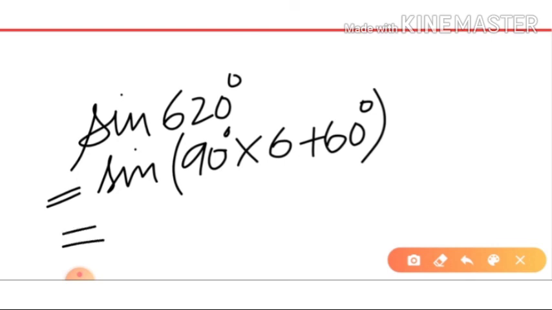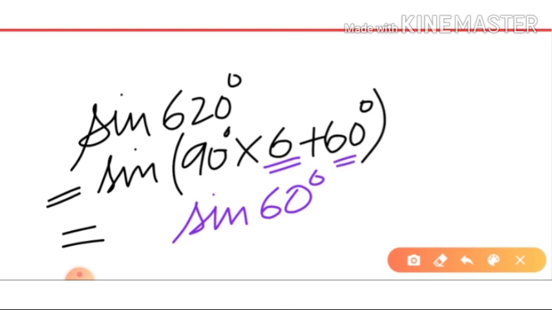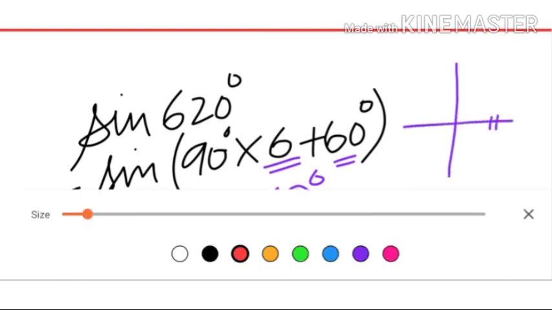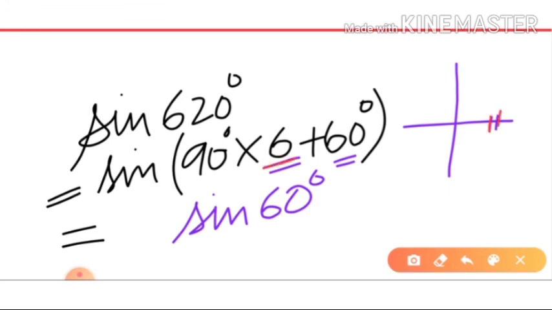Now if you look here, it is an even multiple, so obviously sine will remain same and this 60 degree will remain same. So sine 60. Now we'll go for the sign convention. We'll see the quadrant. This is the multiple of 4. Now we know this 6 is not a multiple of 4, so we'll take the nearest to it. So we divide 6 by 4, we'll have 4 at least, then this is 5 and 6, then we have plus 60.